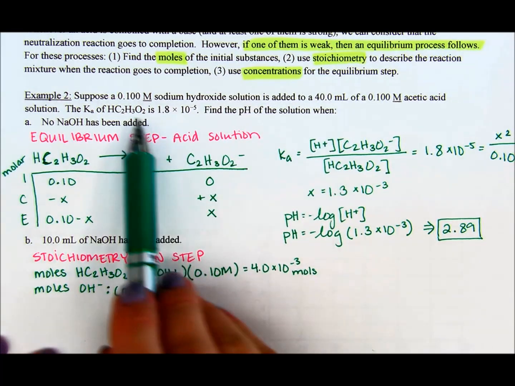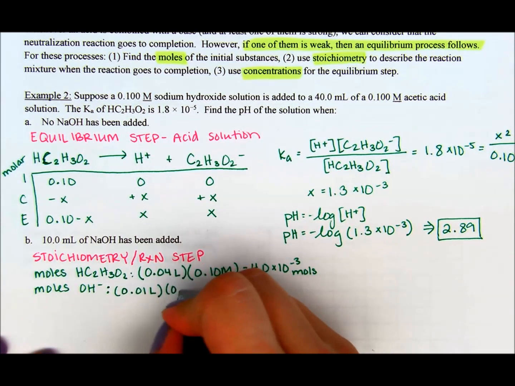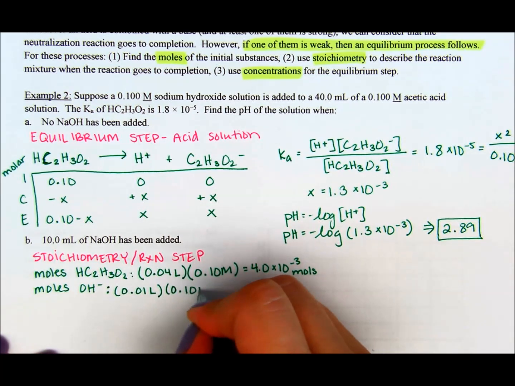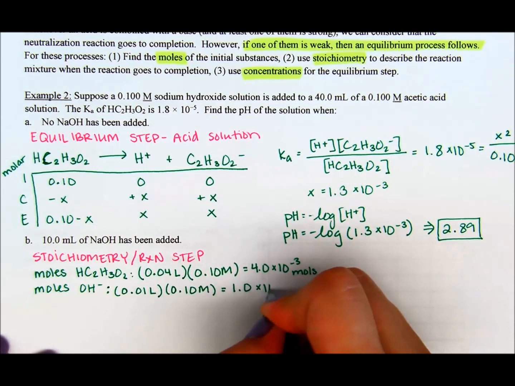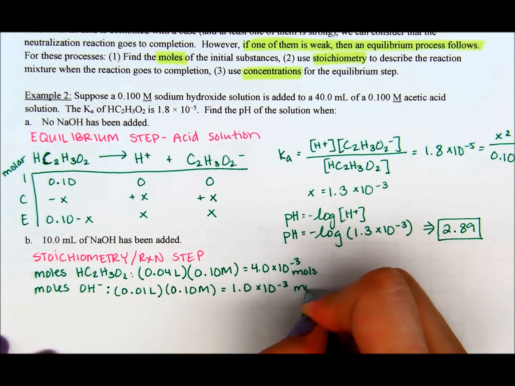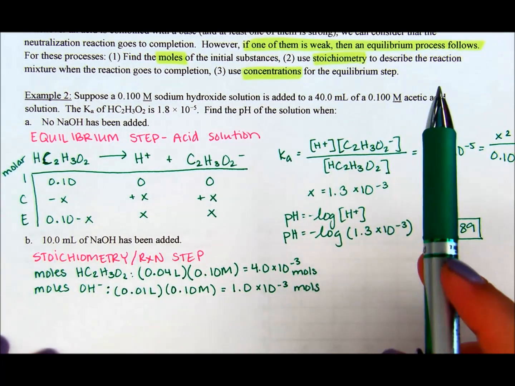And we know the molarity of it. Up here we're given 0.10 molar sodium hydroxide. Multiply those together, 1.0 times 10 to the negative 3 moles. So step 1, done. We found the moles of initial substances.